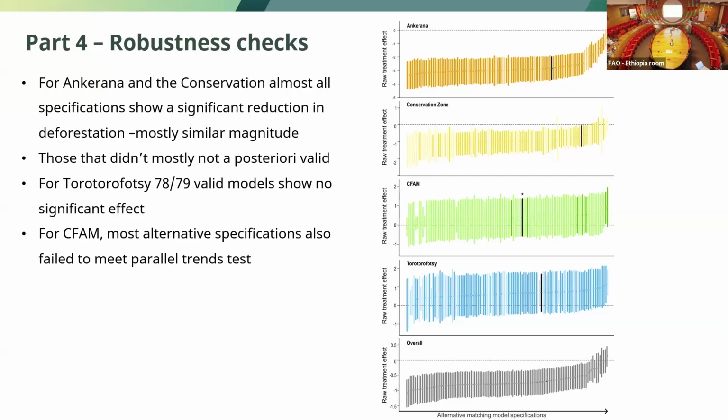The ones that are shaded a light color. No, whether the line is below this indicates significance. The light color indicates whether the specification is what we call a posteriori valid, so whether it's a valid model or not.